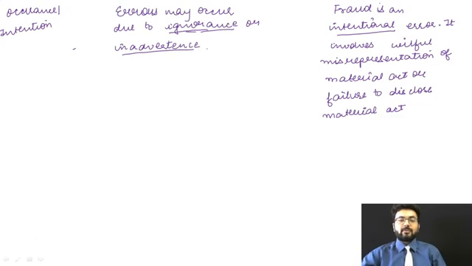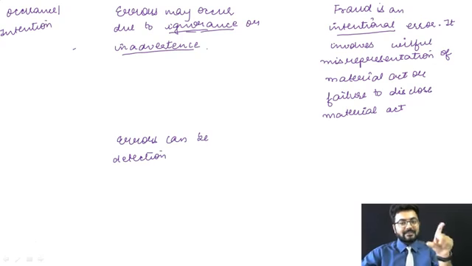There are so many types of errors. You can write it as, errors can be detected. If you have made an error while doing your final accounts question, you will immediately come to know about it because the balance sheet is not going to match. After that, what will you guys do?